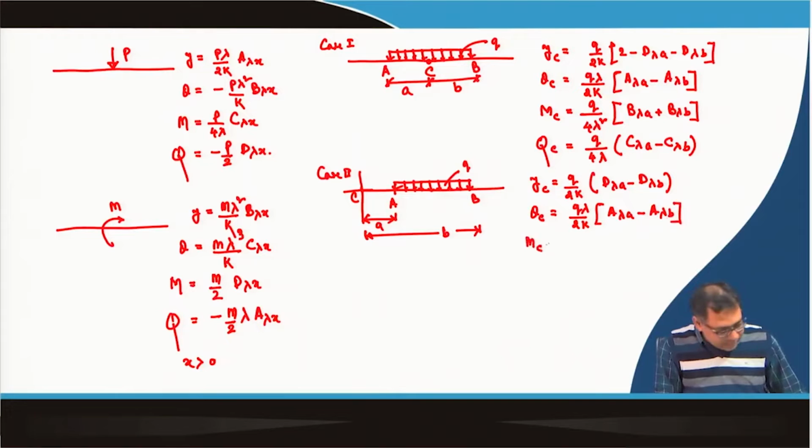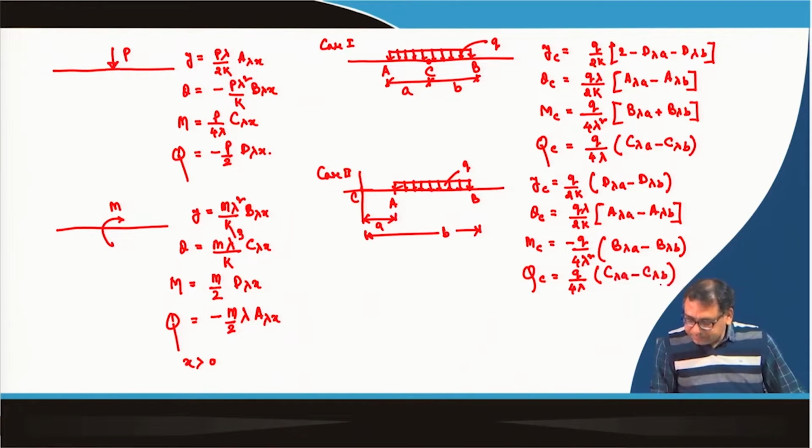Then M_C is equal to minus q by 4 lambda square B lambda a minus B lambda b, and Q_C is equal to q by 4 lambda C lambda a minus C lambda b.